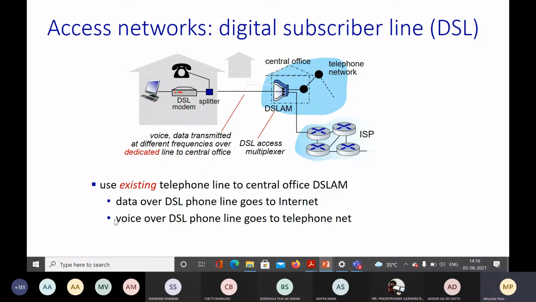Now, the DSL line or the broadband connection uses the existing telephone line to the central office, to this DSLAM. And as I have already mentioned, data goes to the ISP and voice goes to the telephone network.